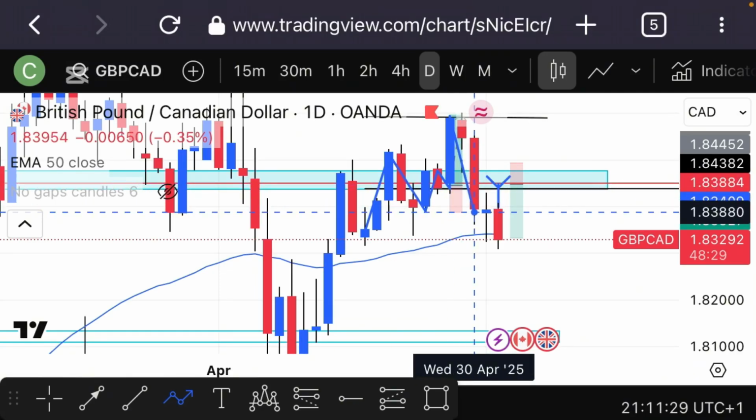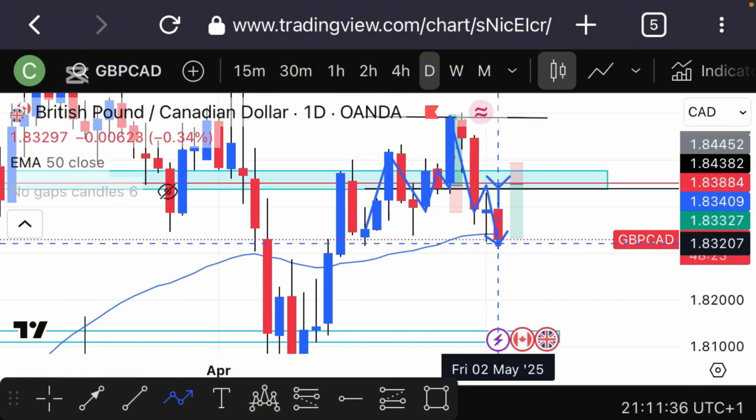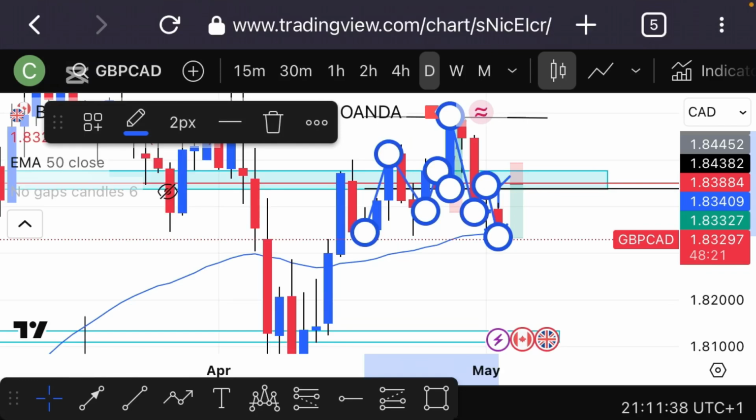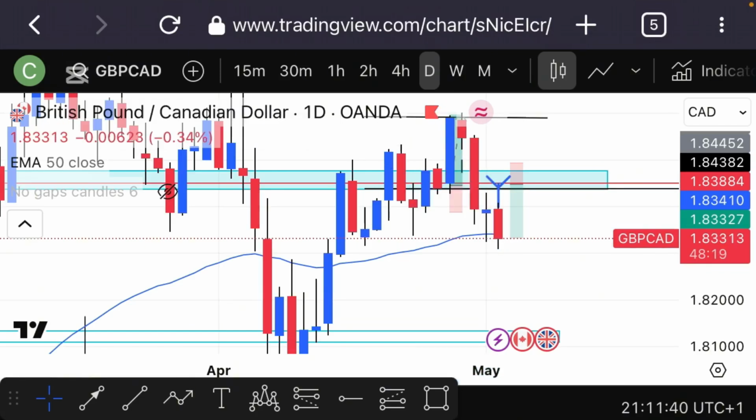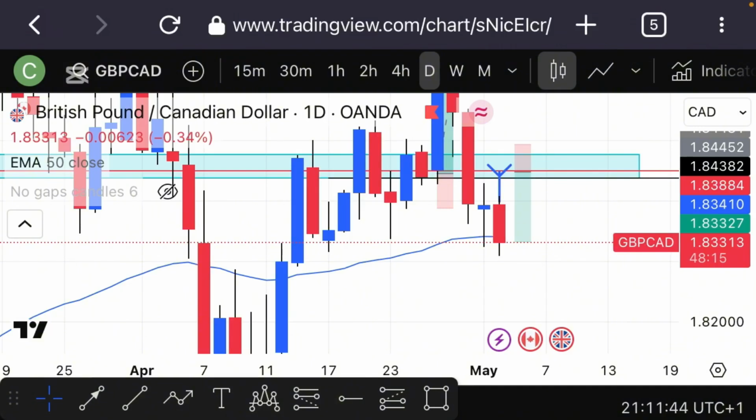So what I was waiting for was a quick retracement to this area of interest, and then the push to the downside as it happened here. But as you know, I missed it. Next trade.